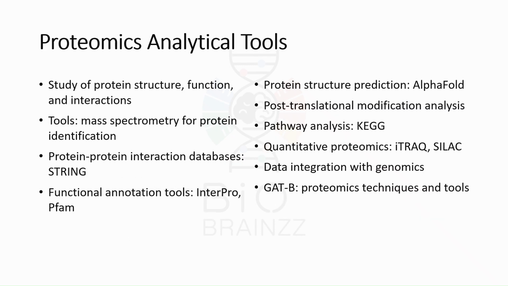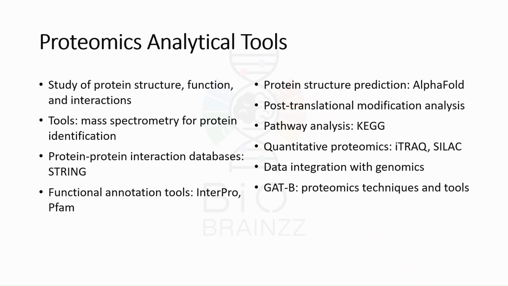Proteomics is the study of proteins, including their structure, function, and interactions. Tools like mass spectrometry are used to identify proteins. Databases like STRING help in studying protein-protein interactions, while tools like InterPro and PFAM are used for functional annotation.